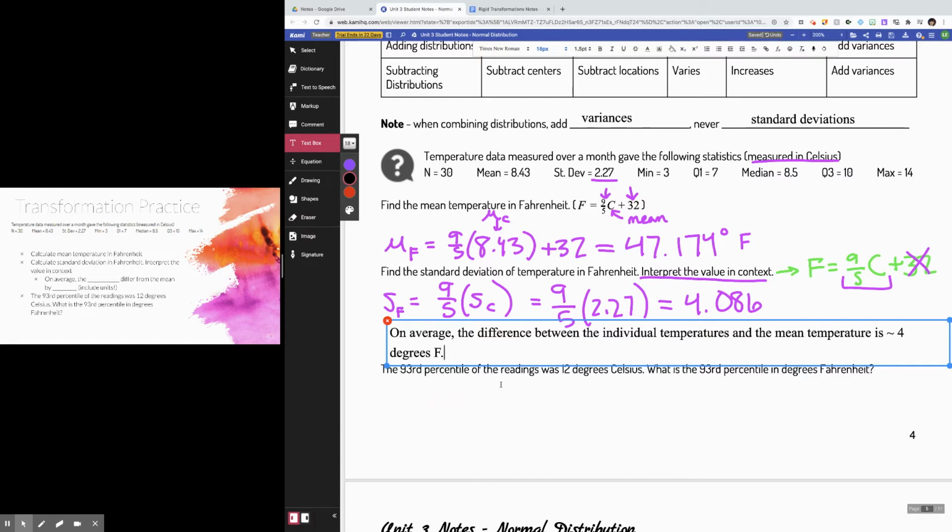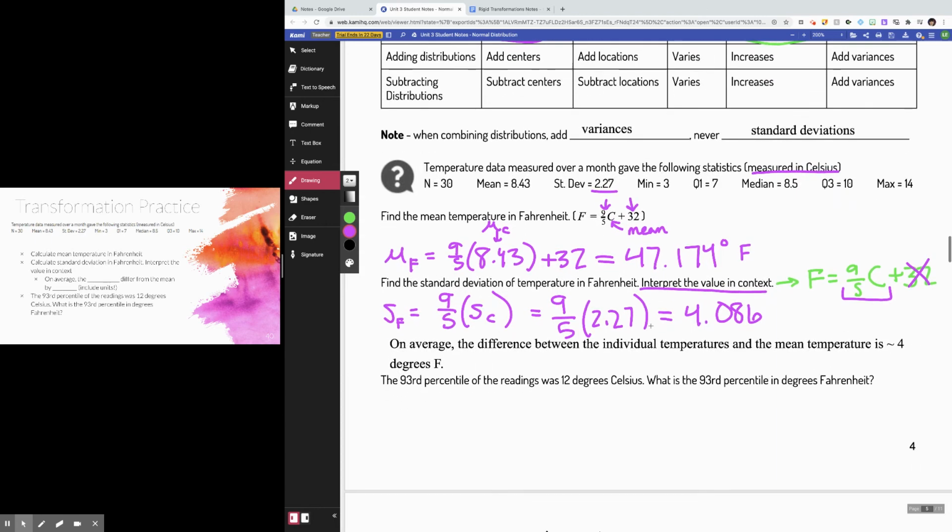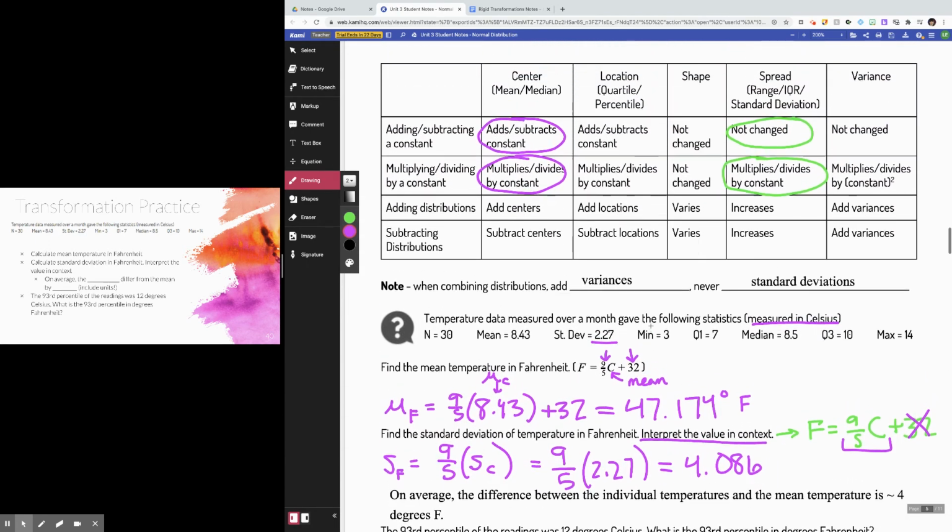Okay. All right. Then the last question here says the 93rd percentile of readings was 12 degrees Celsius. So they want to know what the 93rd percentile is in degrees Fahrenheit.